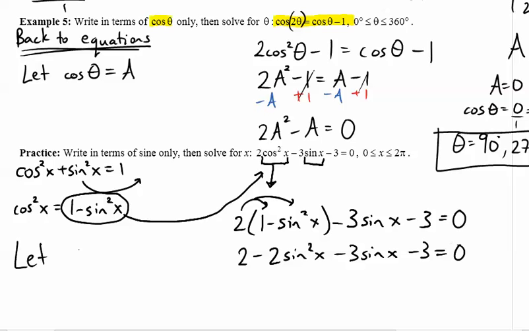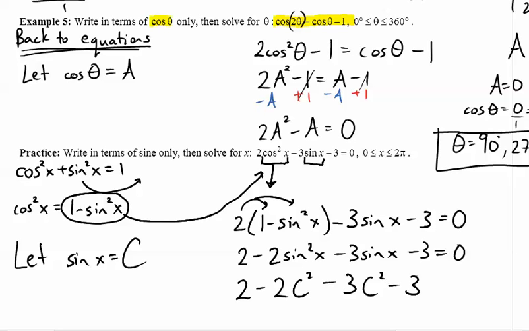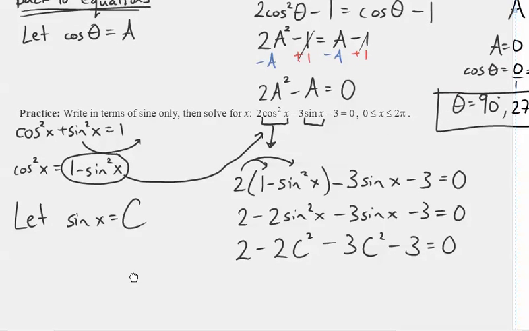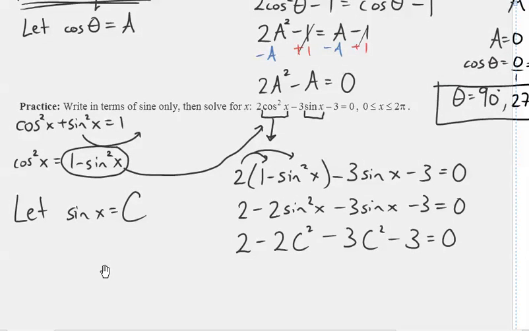Now I'll let sine x equal my favorite letter, C, because it stands for my first name. So 2 minus 2, you can choose whatever letter you want. Choose your favorite letter. Could even be the letter P in Greek, although that might get confused with the constant.